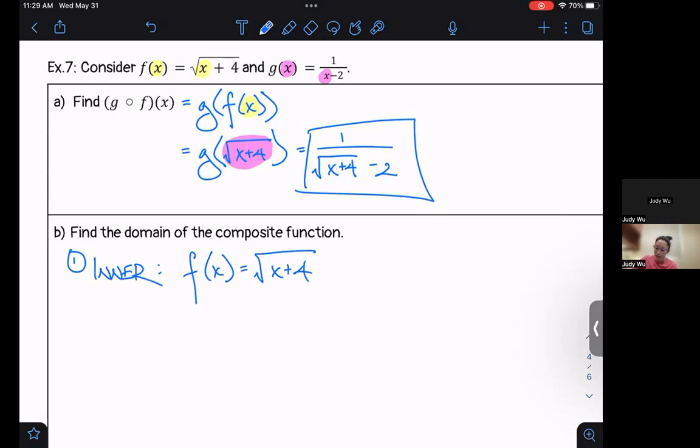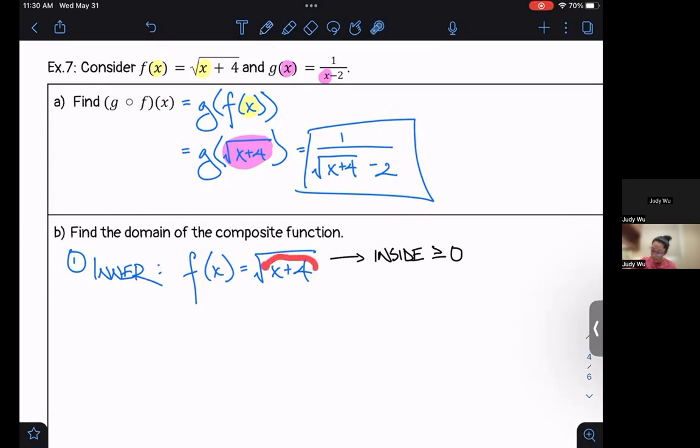So what is the square root in terms of domain restrictions? For even roots, and we talked about this a few lessons ago, the inside of the root must be greater than or equal to 0.